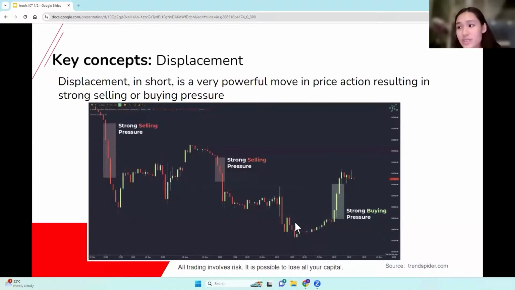And that is what is resulting in strong buying pressure. That's basically what it means by a liquidity level has been breached. If you think about it as what we've been going through normally, which is your support and resistance levels, it's pretty easy to catch. But let me know if you guys have any questions so far.